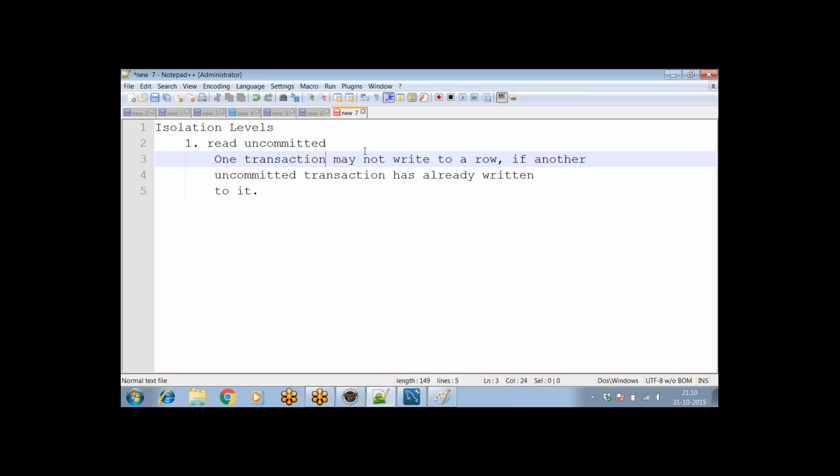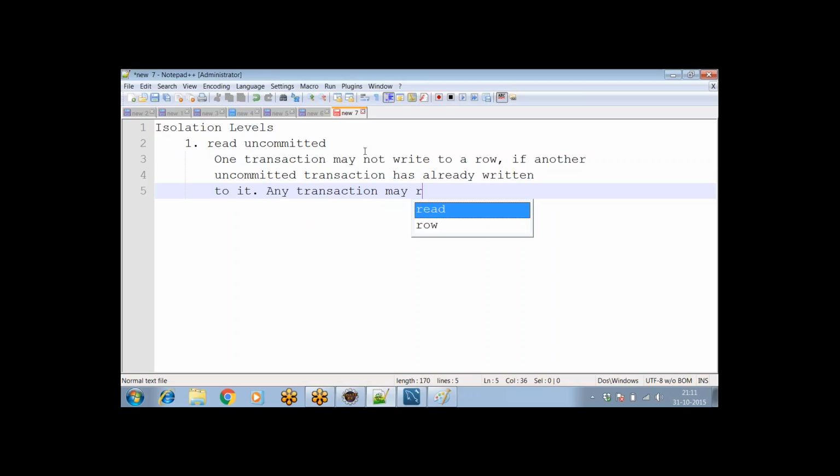Any transaction may read any row. There's no problem.